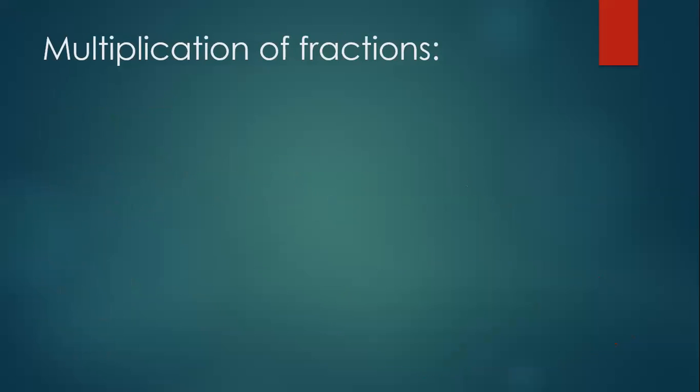All right. Next we have multiplication of fractions. Let's take more examples. For example, you have 2 by 5 multiplied by 15. Here, the first number is a fraction and the second number is a whole number. Now, children, we all know that whole numbers can also be written as fractions with the denominator 1.